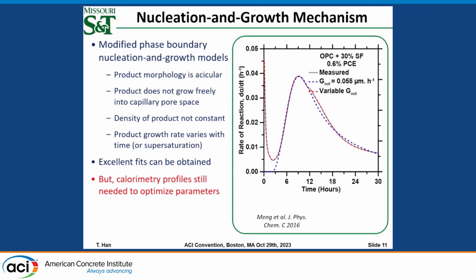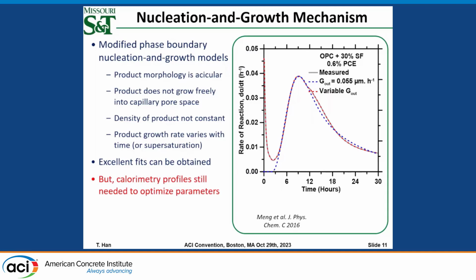You get a constant growth rate, it can capture the peak, but you cannot get an excellent fit. But the red line is the modified one. You have the growth rate change with time, so the model can capture the entire hydration kinetic profile, even at the very beginning of the reactions. But still, those nucleation and growth rate models have one big issue.